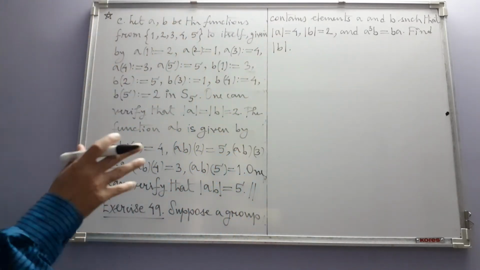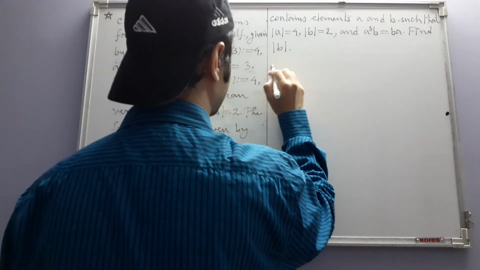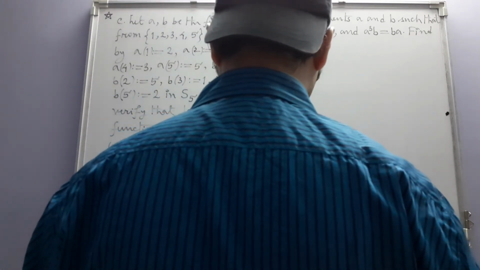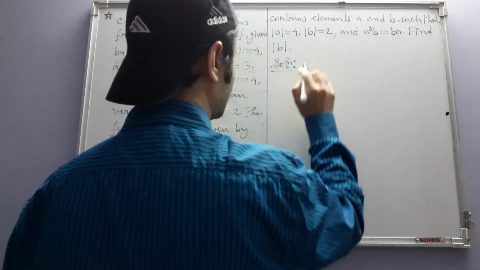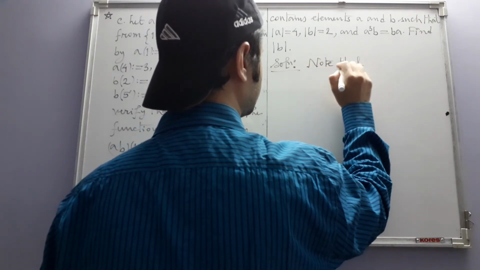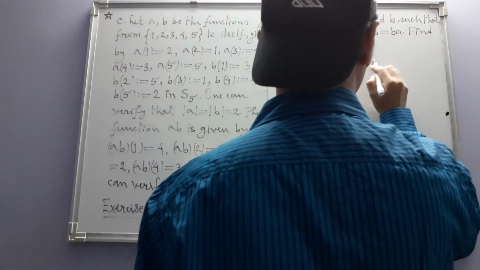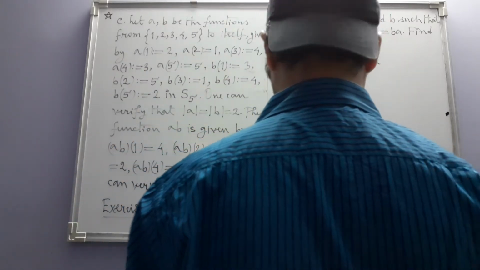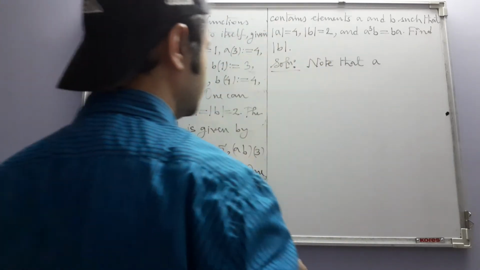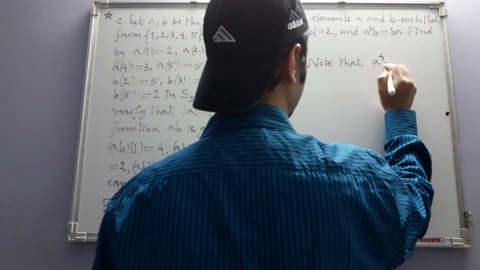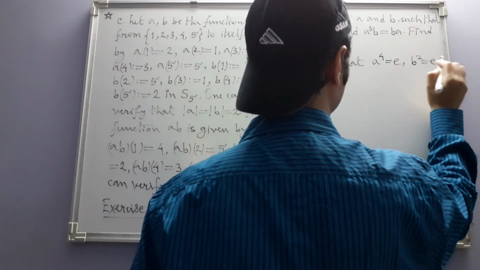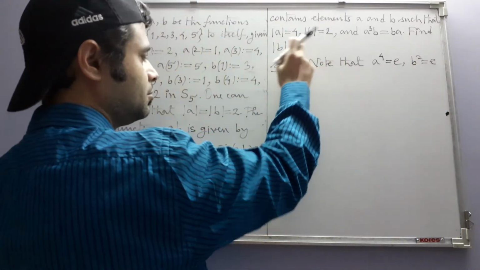Okay, using this information we have to find the order of B, and we are going to proceed like this. Note that A to the power 4 is equal to E and B square is equal to E. These are coming from here.